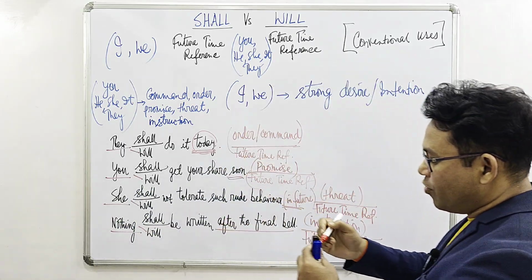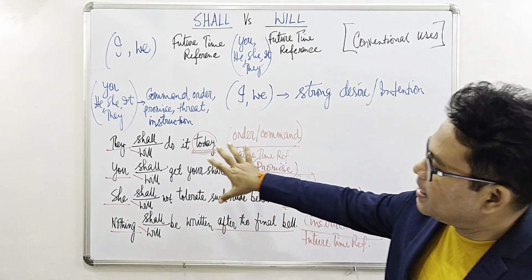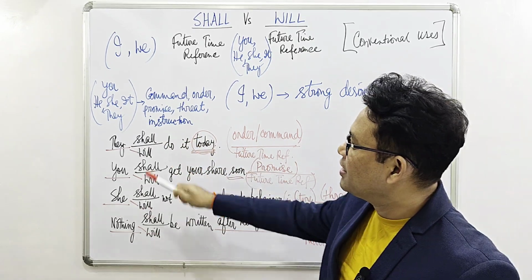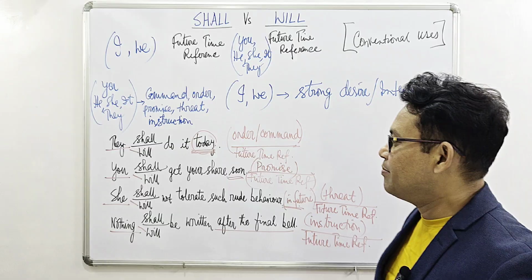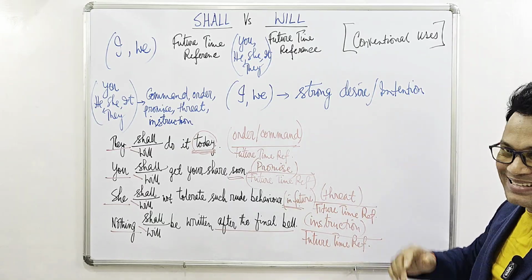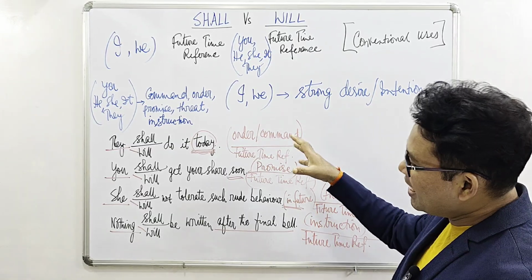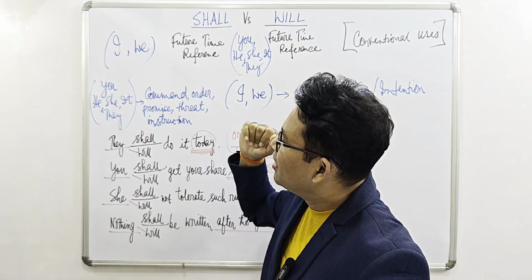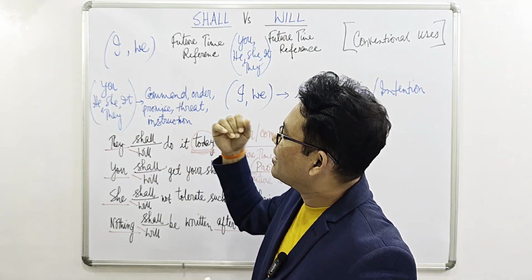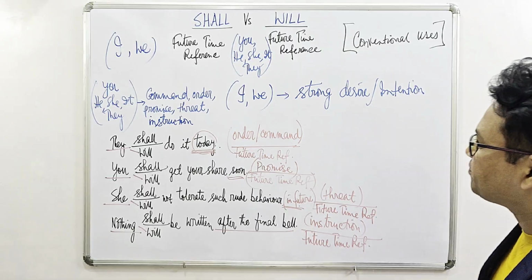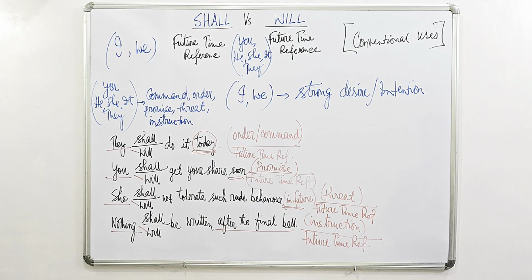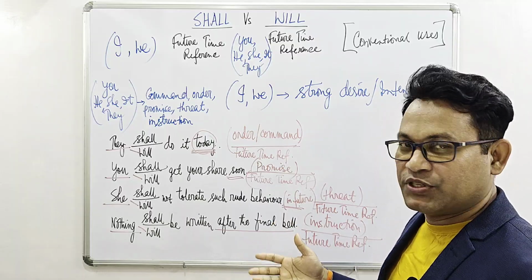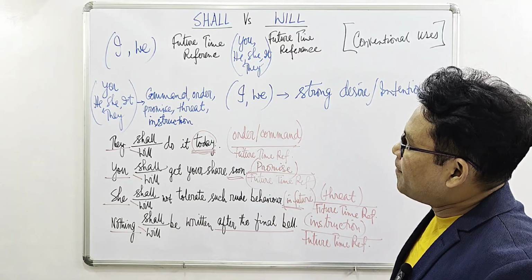Okay, so compare and contrast the dual situations in each case where shall and will can be used. All right, so this is the exact difference between shall and will after third person and second person singular and plural subjects.